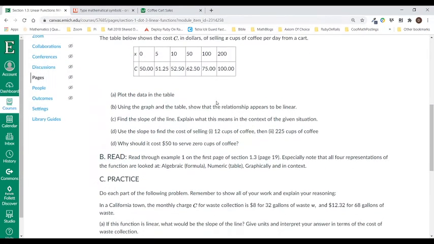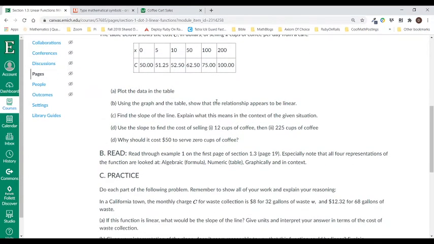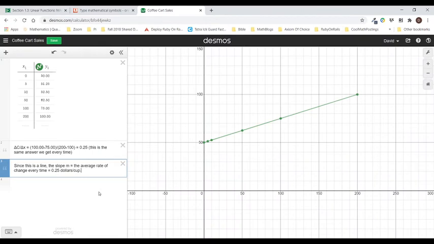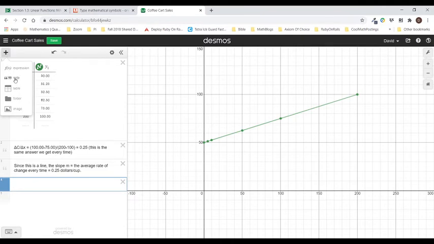It says use the slope to find the cost of selling 12 cups of coffee, then 225 cups of coffee. Now, how am I going to do that? How am I going to get 12 cups of coffee? Let's put this as a note and see if we can't make this work. To sell 12 cups of coffee.